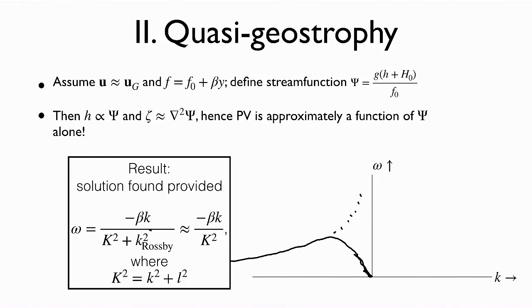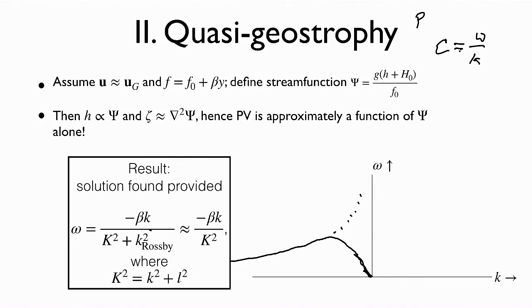One thing is that the speed of the wave, which is just omega over k, for our simple waves, this was the dispersion relation for the wave itself. And so the speed was just c.